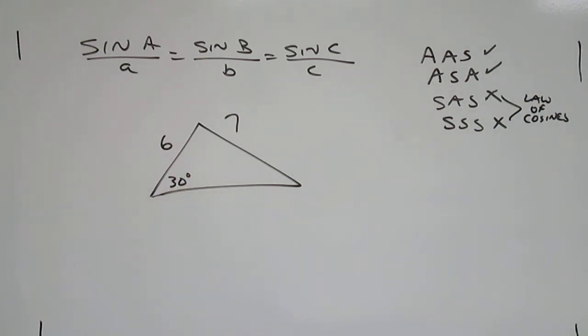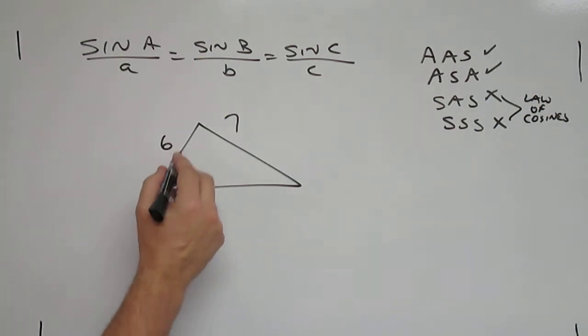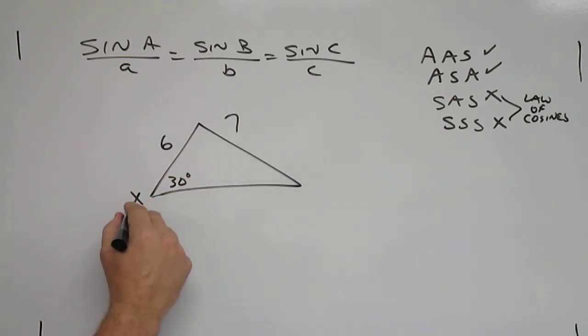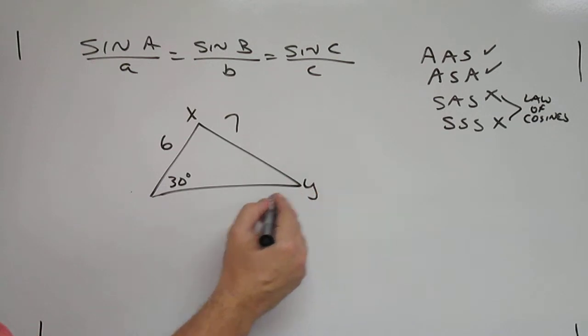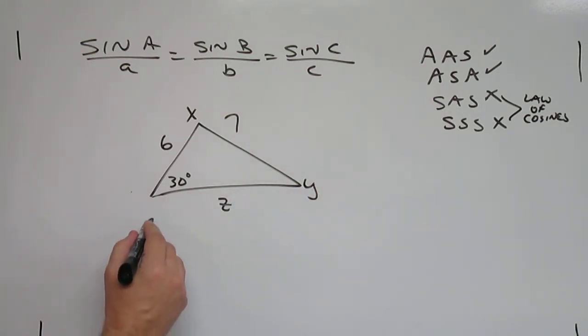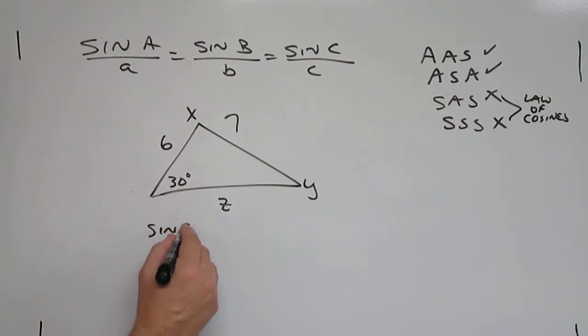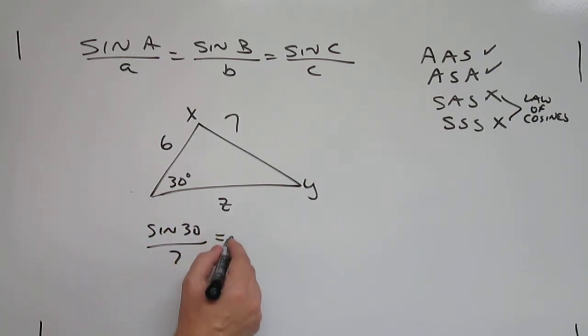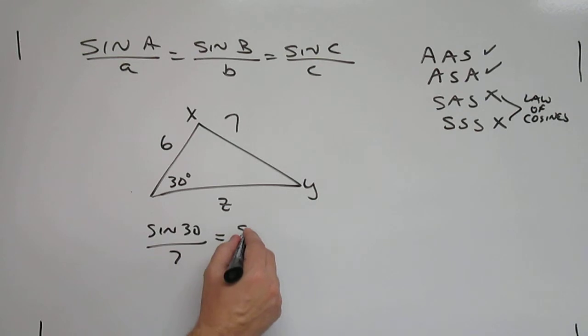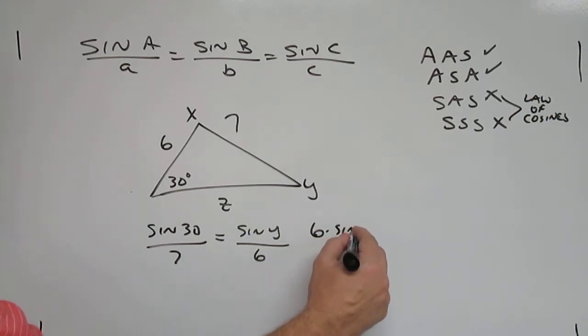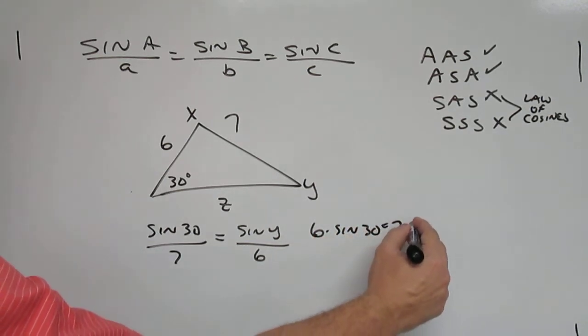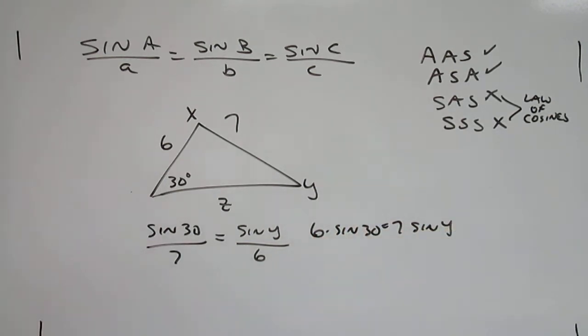This is a good candidate for law of sines because I can say, let's call this an x here, a y here, and make this side z. So if I say the sine of 30 over 7 is equal to the sine of angle y over 6, when I cross multiply, I'd get 6 times the sine of 30 equals 7 times the sine of y.